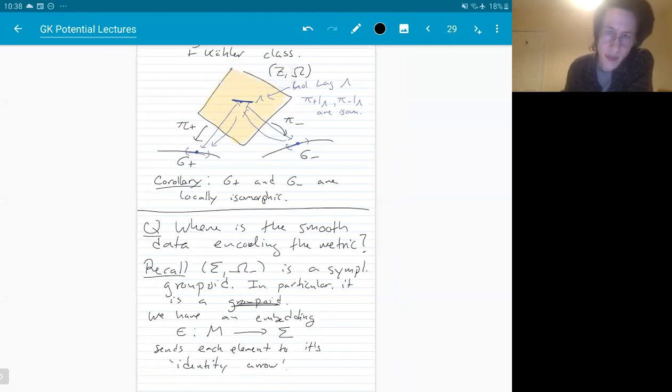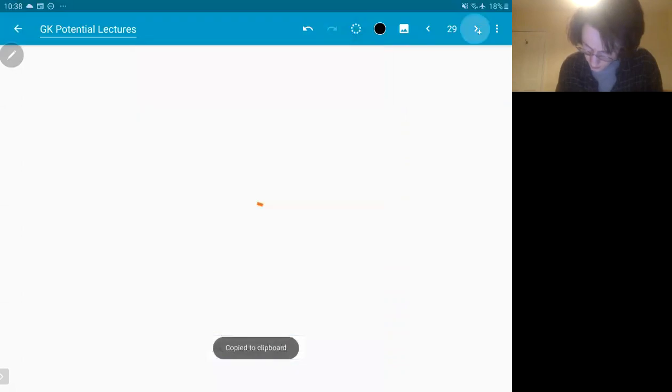So you get this natural embedding of M into the groupoid.